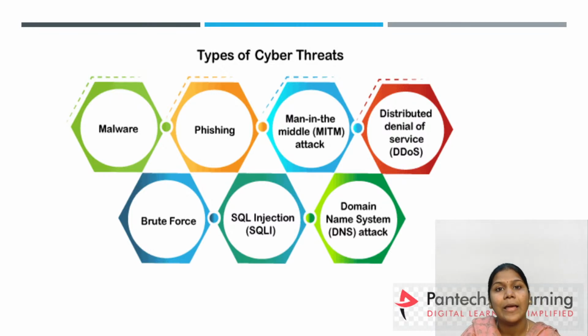Man in the middle: a person's involvement. Distributed denial of service through computer networks. Brute force. SQL injection is injecting some unwanted data through the network. Domain name system attack: changing the name, accessing the name, IP address.